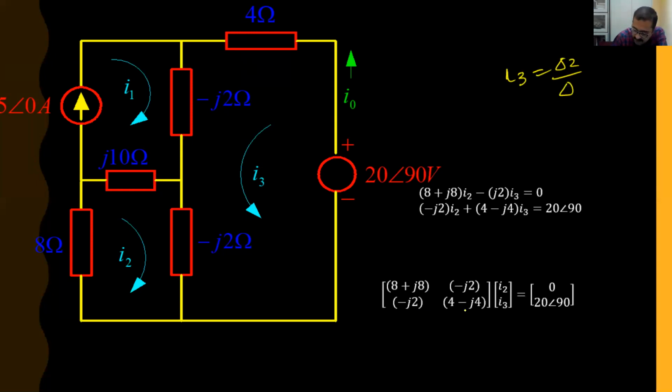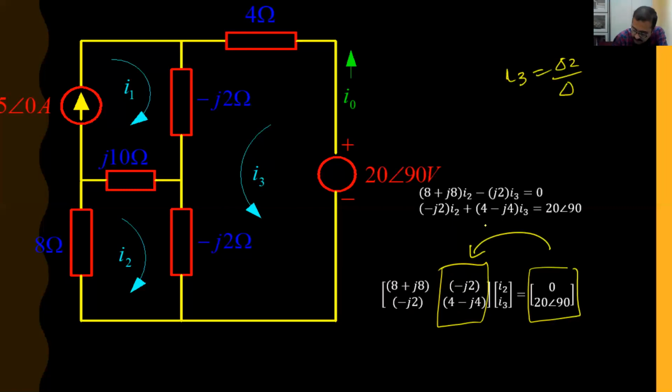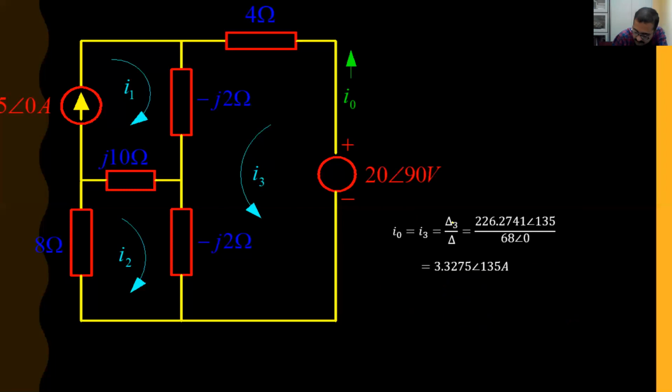Second column replaced with the voltage vector. So you will get your current I0 as 3.3275 angle 135 amperes.